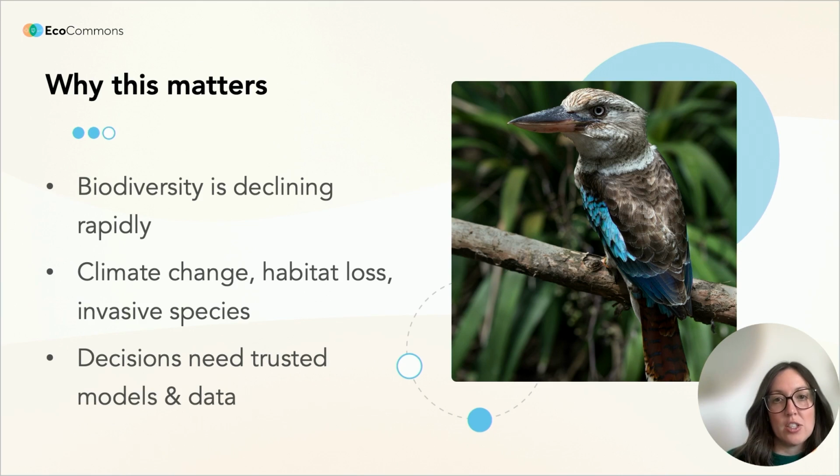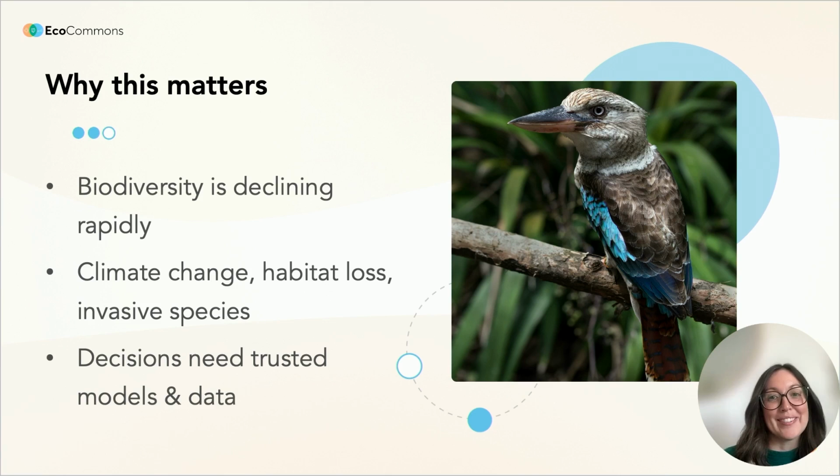We have climate change and we have invasive species and habitat loss reshaping ecosystems faster than we can keep up. To respond effectively, we need trusted models and data. We need to know where species are now, how they're likely to shift in the future, and what management actions will make the biggest difference. And that's the role that EcoCommons plays, turning complex data into the evidence and data-driven decisions that we need.